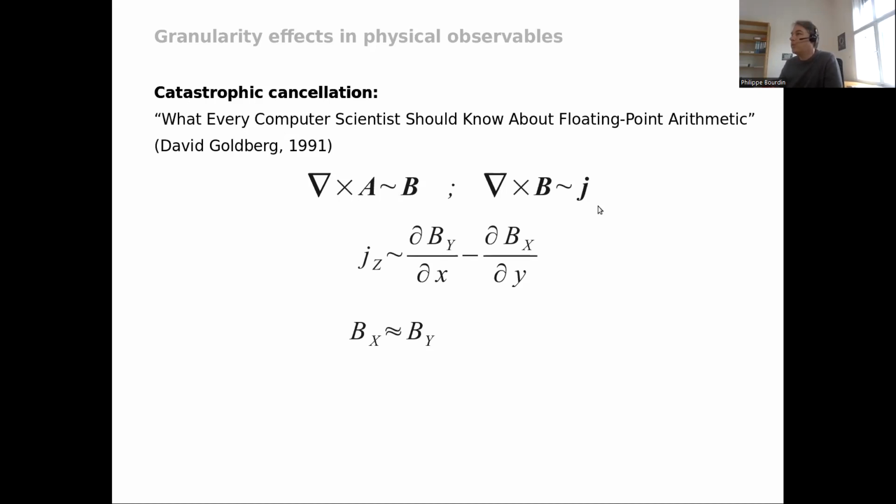So what would happen in the corona? Let's take just the Z component of the current density J. That is proportional to the derivative of By in the X direction minus the derivative of Bx in the Y direction, right? Unfortunately, in the corona, there is no physical cause why Bx should be significantly different from By.